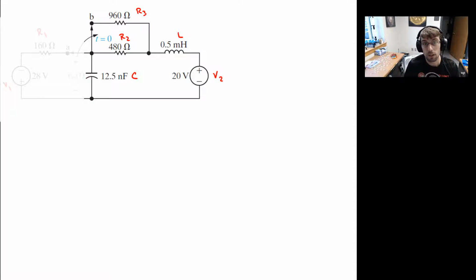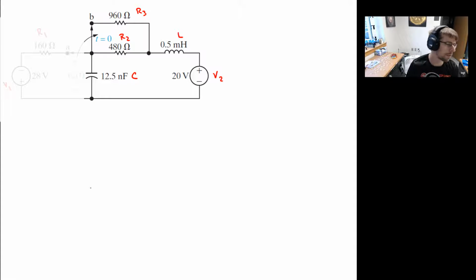Source transformations is another one. You're perfectly fine to do source transformations. The only thing you should keep in mind is that you're going to be dealing with time varying currents and time varying potentials, not constant currents and constant potentials. So the math might get a little bit more particular.